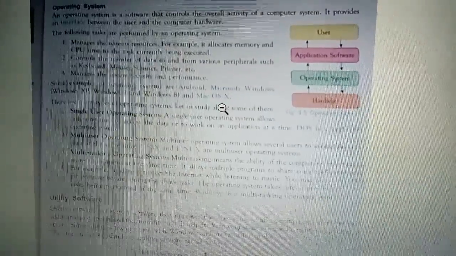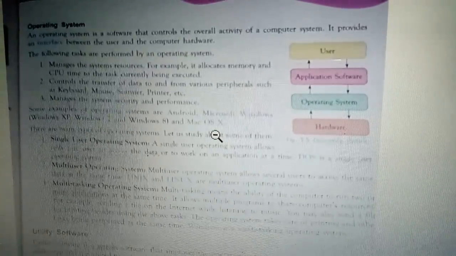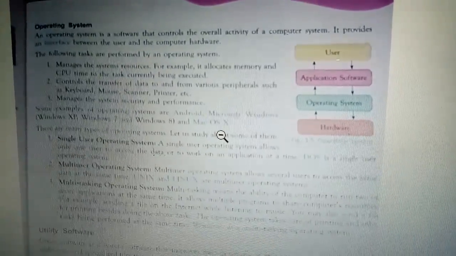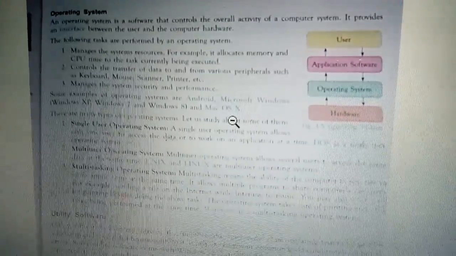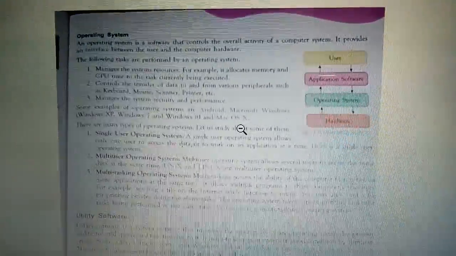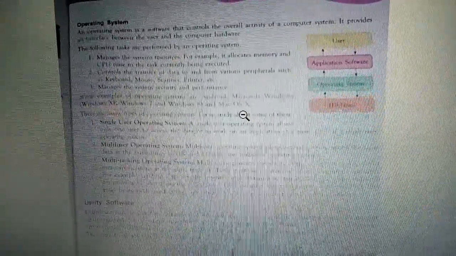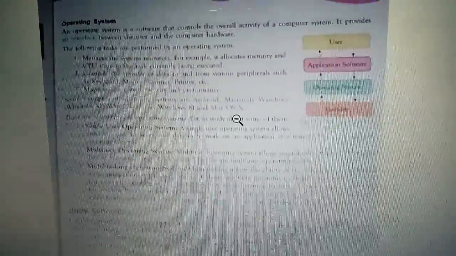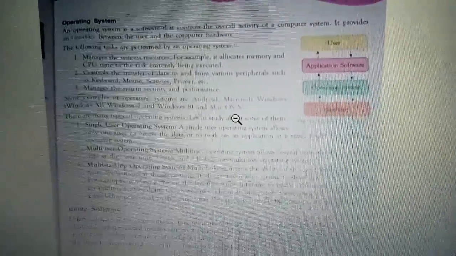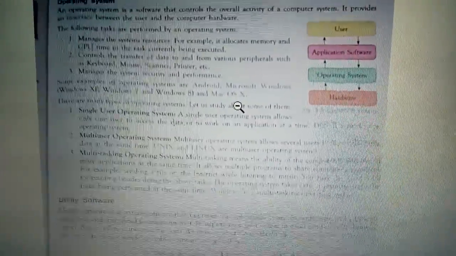Then number two, controls the transfer of data to and from various peripherals, such as keyboard, mouse, scanner, printer, etc. So we can say it can control and transfer the data from peripheral devices such as keyboard, mouse, scanner, printer, etc. Okay.